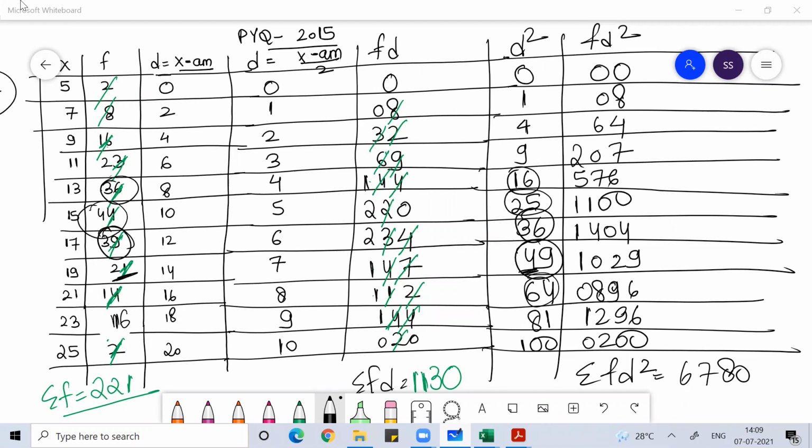Guys, anything you want to highlight? Everything clear, right?